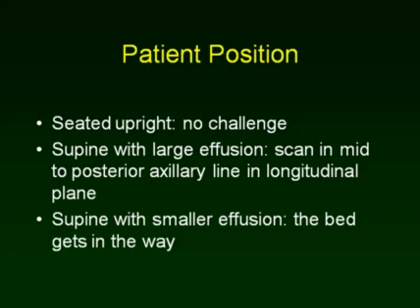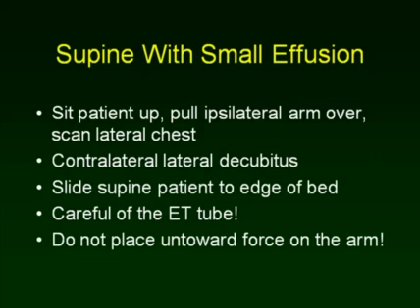But in the ICU, most of our patients are supine, so the effusion sinks to a dependent position. Sometimes it's a little hard to get a good angle for access, especially if it's a smaller effusion. The bed gets in the way. You can find it with the transducer, but to get the needle assembly into proper position may be a challenge.